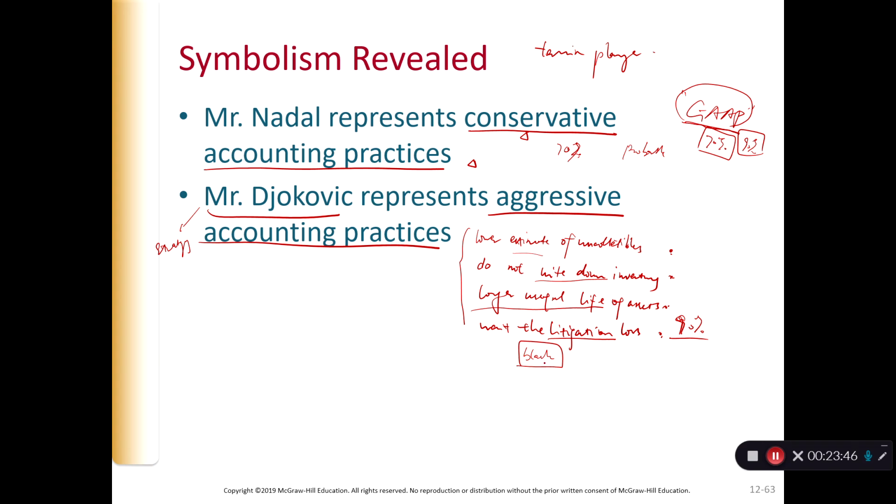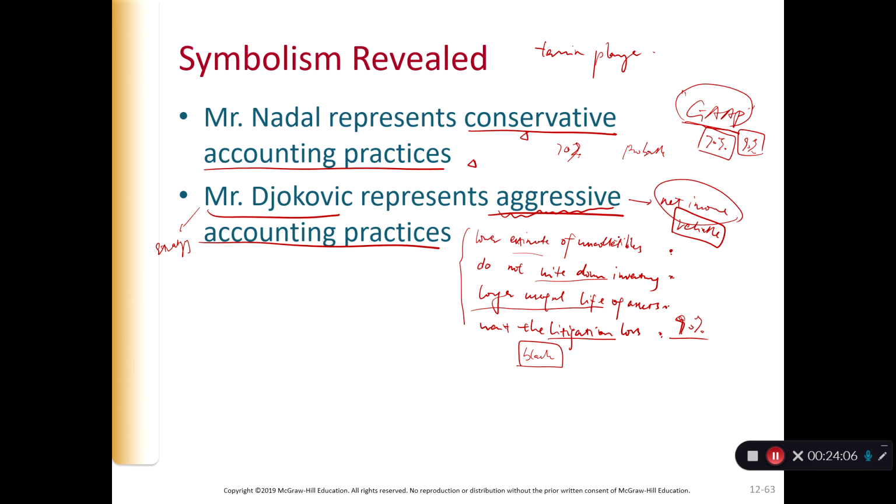It still works within GAAP's requirements. But it represents a very aggressive accounting practice. In other words, the resulting net income might not be reliable.